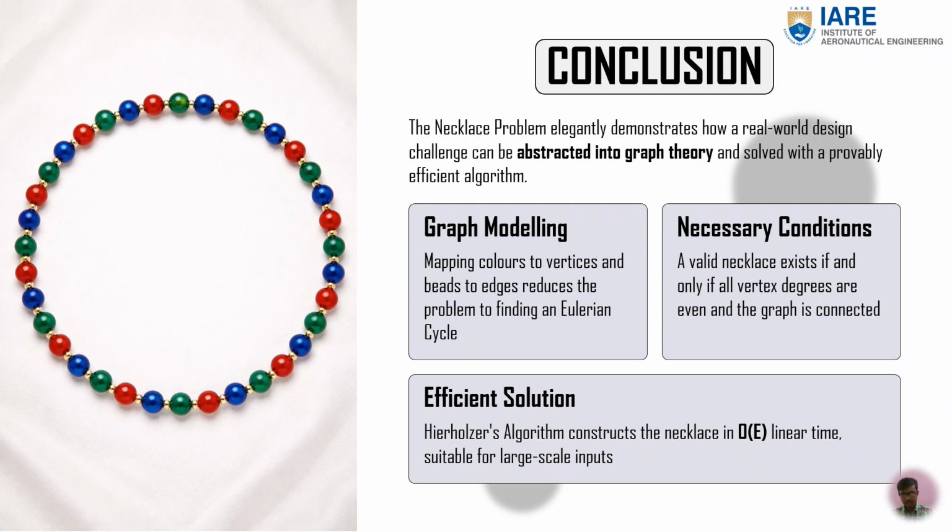First, mapping colors to vertices and beads to edges reduces the problem to finding an Eulerian cycle, and a valid necklace exists only if all vertex degrees are even and the graph is connected. The efficient solution is that Hierholzer's algorithm constructs the necklace in big O of E linear time. It is suitable for large-scale inputs.